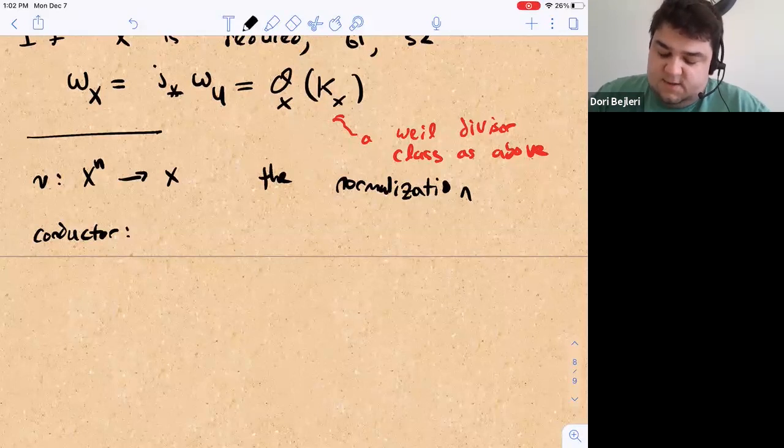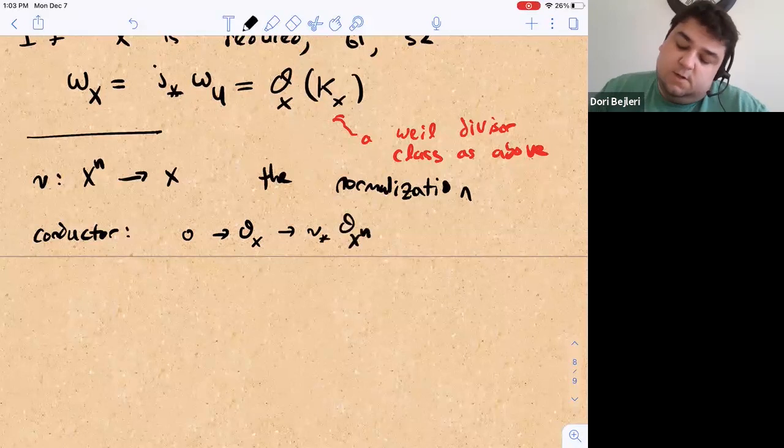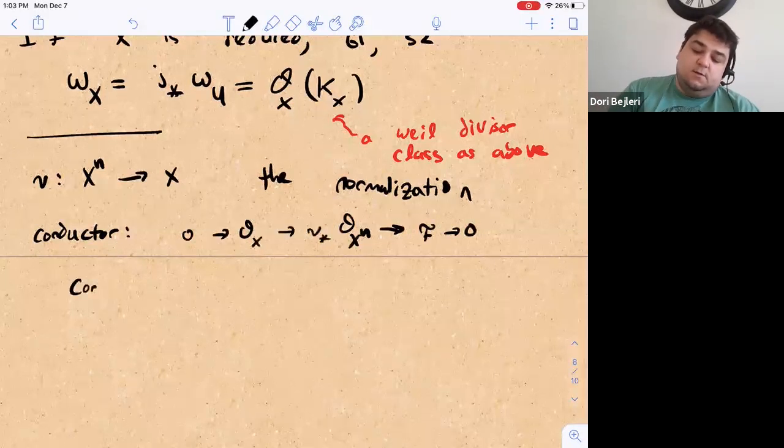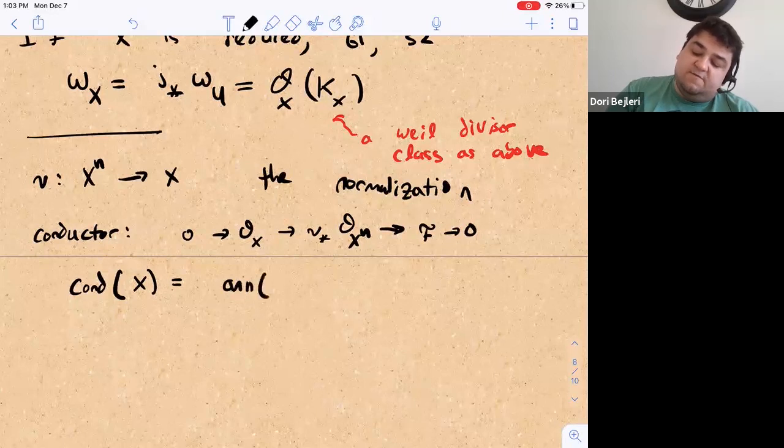So the conductor is an ideal defined as follows. We have an exact sequence 0 to OX to the push forward of the structure sheaf of the normalization to something, let's just call it F. What's F? Well, F is some sheaf supported on the non-normal locus of X. And the conductor is the ideal defined as the annihilator of F in OX.